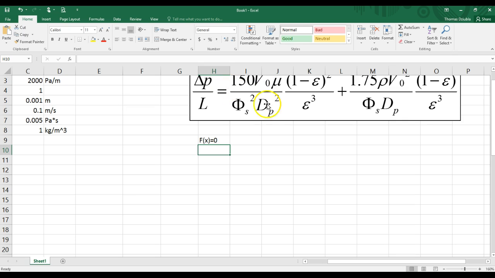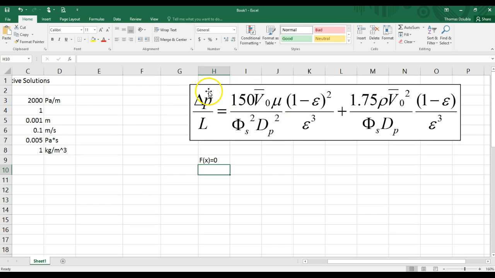And so if we took, for example, here and pulled all the pressure drop and moved it to this side of the expression, this whole right-hand side will equal 0. So if we just plot the right-hand side as a function of epsilon, our porosity, then the point at which it intercepts the x-axis is the solution to this expression. So we can do that.